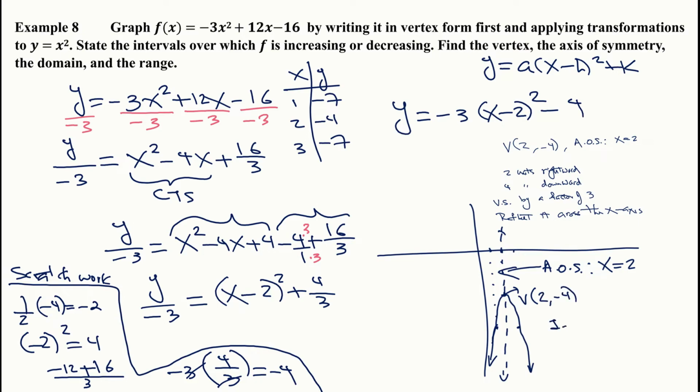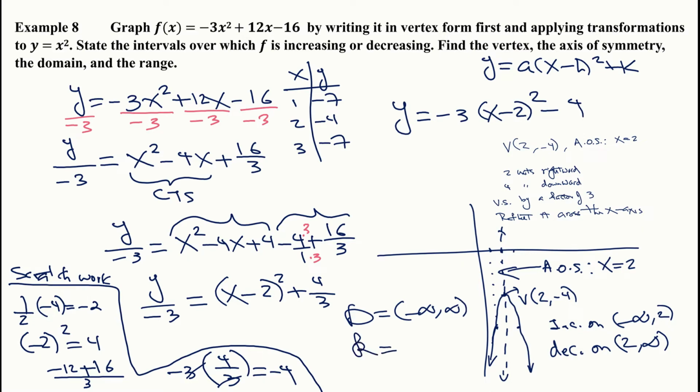Notice that it's increasing on negative infinity all the way up to 2. It's decreasing on every place after that, 2 to infinity. Domain, as with all polynomials, is negative infinity to infinity.